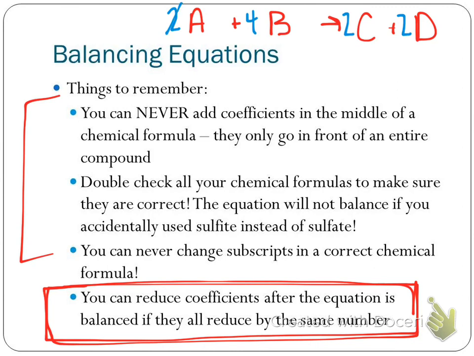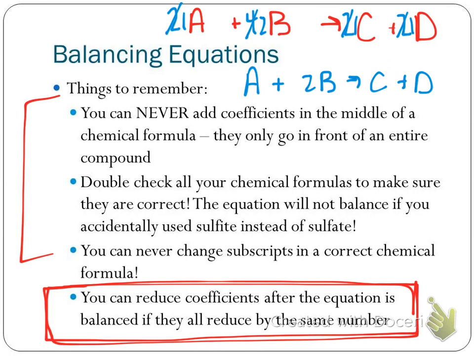So then I would just reduce those down and I'd end up with a 1, a 2, a 1, and a 1. And if there's a 1 coefficient, we can leave that off, just like a 1 subscript. So our final would just really be A plus 2B yields C plus D.